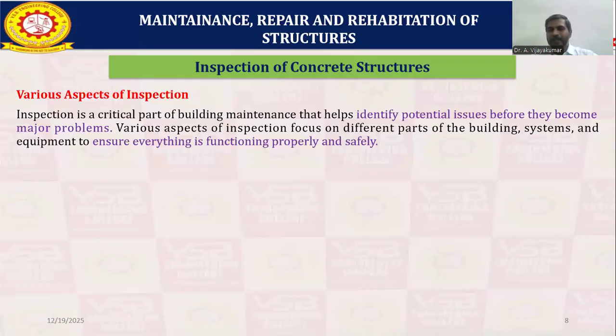If you leave it like that, it will become a major issue, and sometimes the entire structural components can fail. So we need to inspect properly, identify properly, and then rectify immediately. The various aspects of inspection focus on the different parts of the building system and ensure everything is functioning properly and safely.